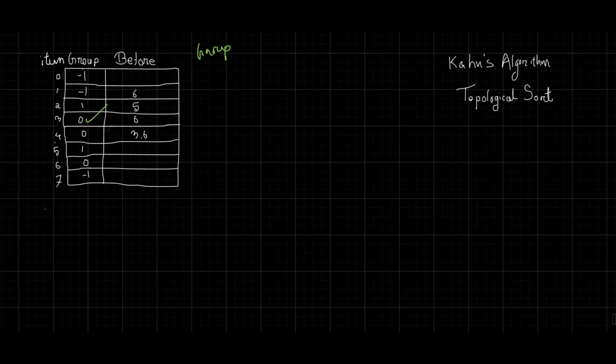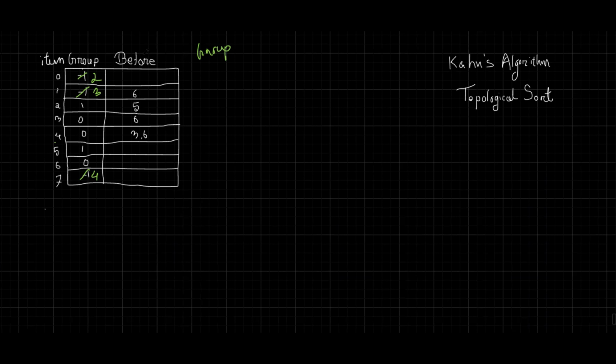So we can say that the item 0 belongs to the group 2, the item 1 belongs to the group 3, and the item 7 belongs to the group 4. So we can reassign the groups 2, 3, and 4 to these 3 items. So far so good.